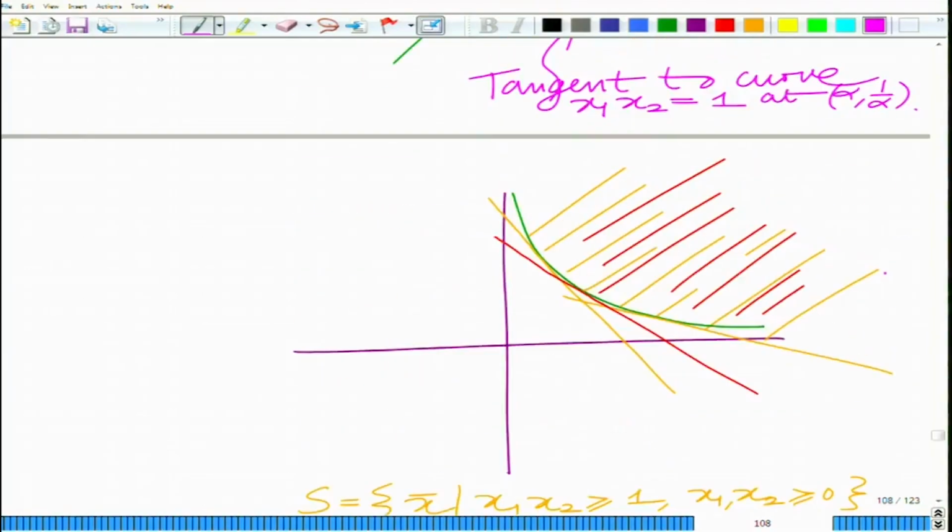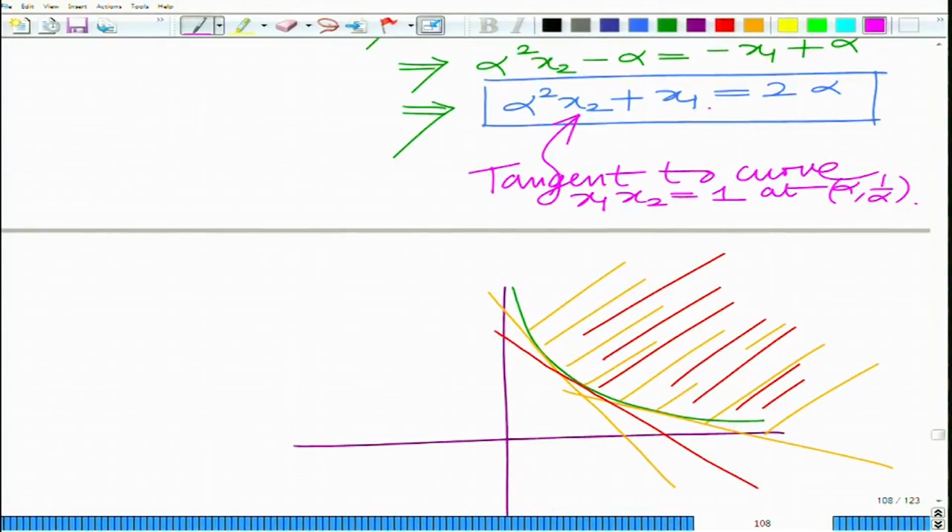Okay. So, alpha square x2 plus x1 equal to 2 alpha is the tangent, which implies alpha square x2 plus x1 greater than or equal to 2 alpha is the half space.